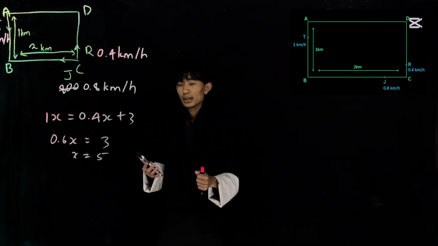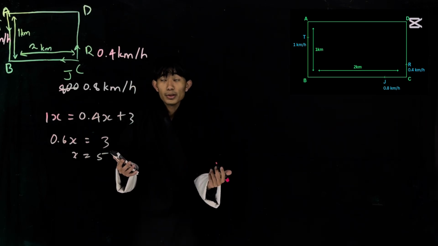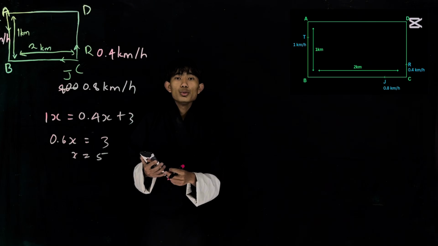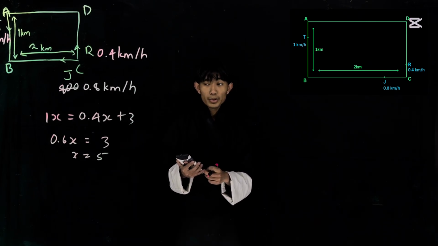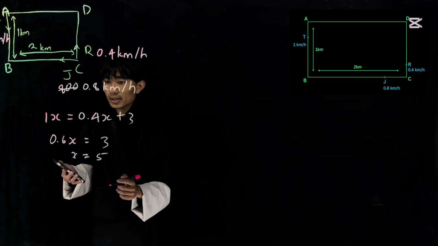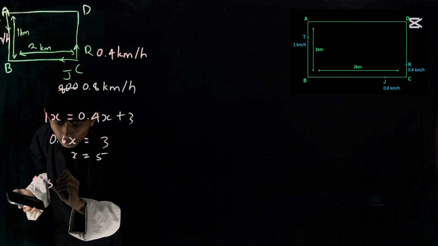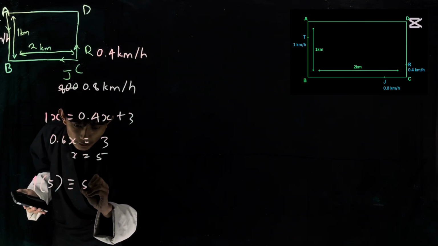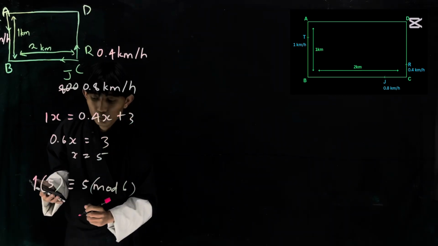So after 5 hours, we can calculate where each of the riders' positions will be relative to A. To calculate their positions, we'll use modular arithmetic. Tandin's position will be his speed times the time, which is 5, which is congruent to 5 mod 6. So his position is this.